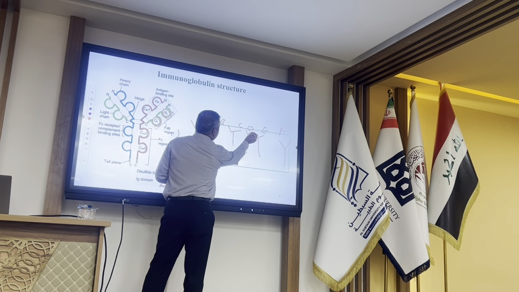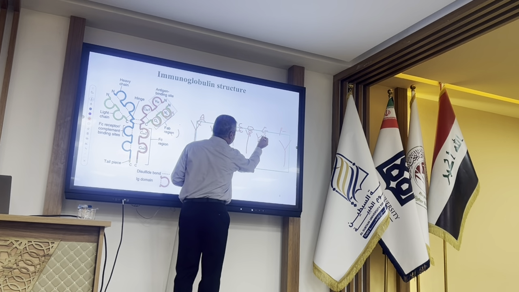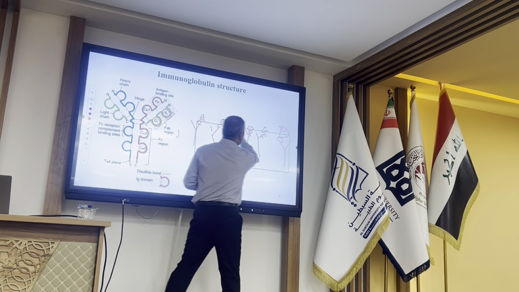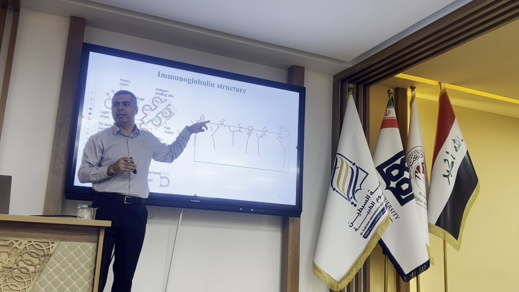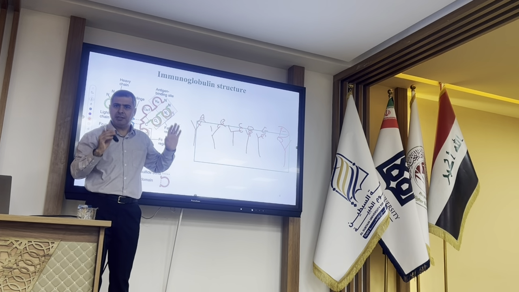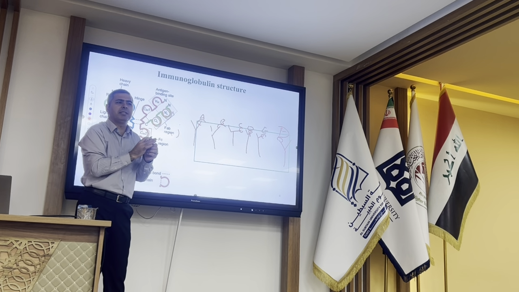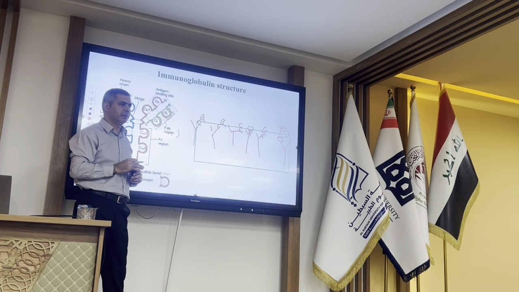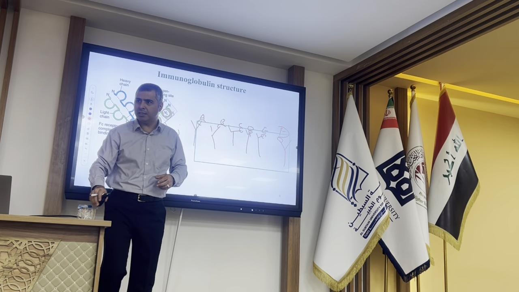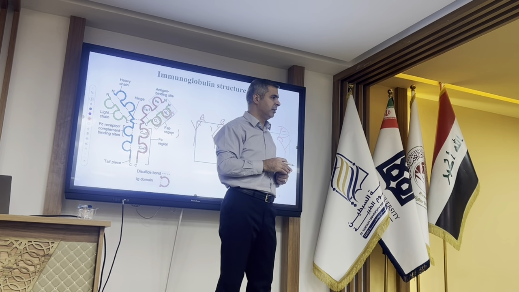So this variable region is different in different antibodies, so that they are specific for different antigens. So they are called variable domains because they are different for binding to different antigens. In different specific antibodies, we have different variable domains. Is that clear? It's similar to the lock and key.